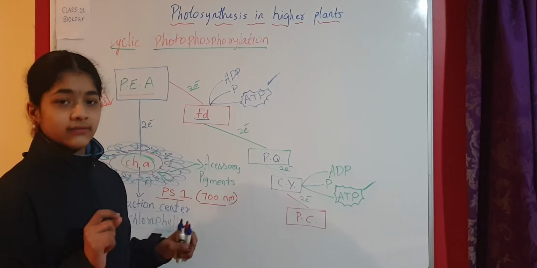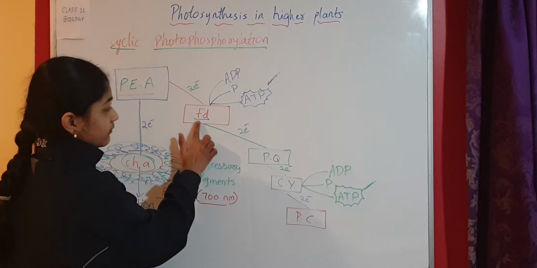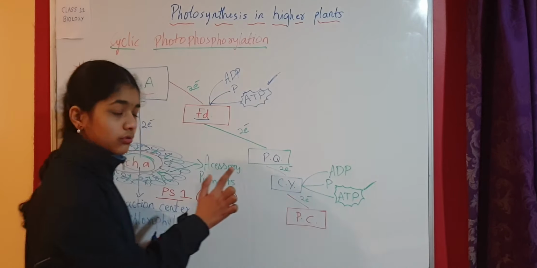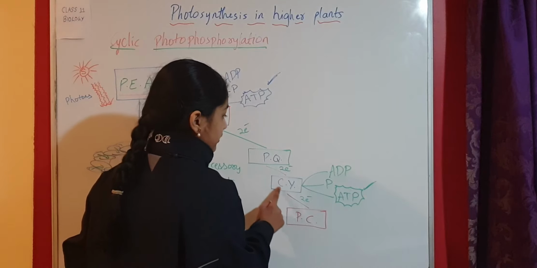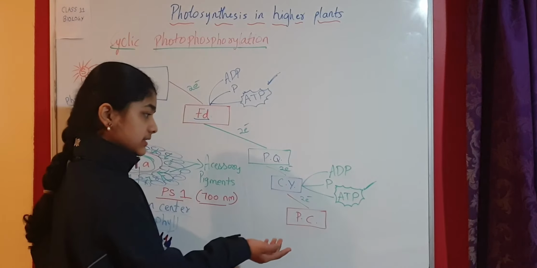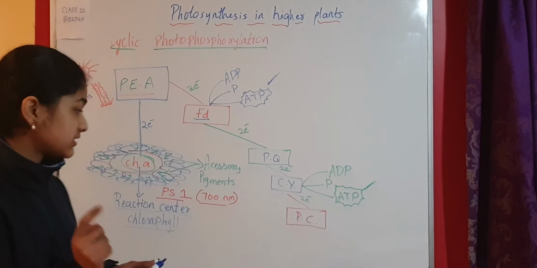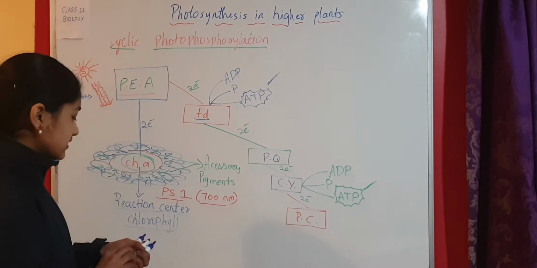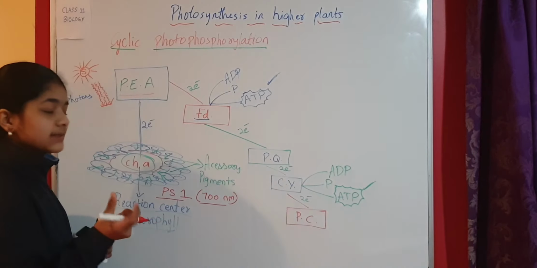Next, FD, ferredoxin. From ferredoxin, here ATP is synthesized, and it goes to plastoquinone, and from plastoquinone to cytochrome, where ATP is also synthesized, and from cytochrome it goes to plastocyanin. Now from this plastocyanin, where is the pair of electrons?